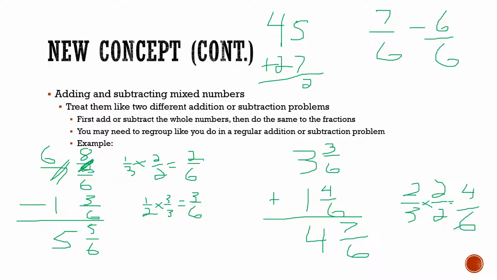I have to leave a 2 and take a 1 whole away and add it to the next place value. It's the same thing we're doing here. So 7/6 minus 6/6 would be 1/6. So now my fraction is actually 1/6, and I carried that 1 whole over here, and that becomes 5. So that would be 5 1/6.